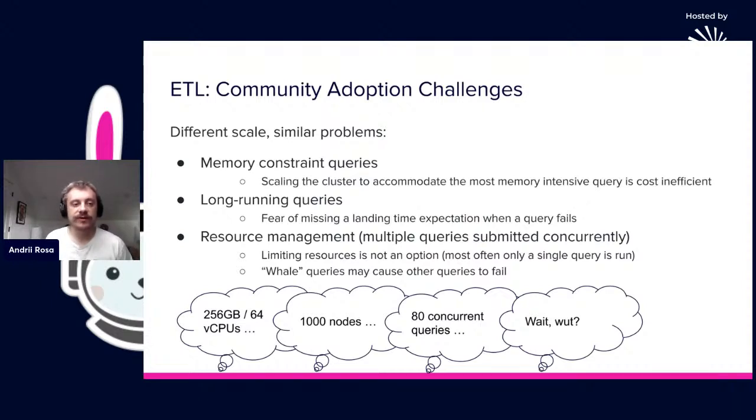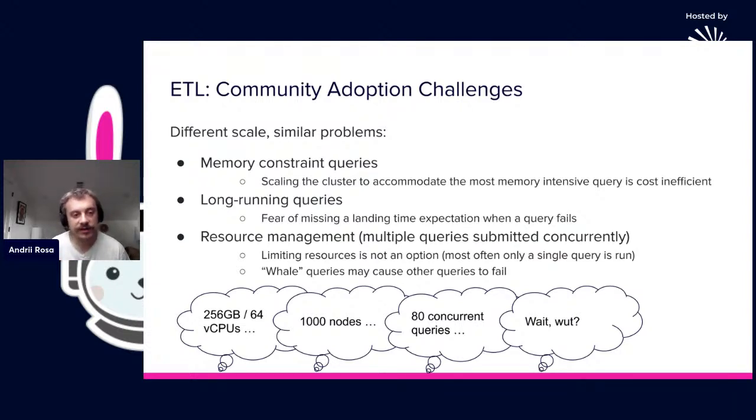So when I decided to leave Facebook and joined the original founders as well as other key Presto contributors at Starburst, I was quite surprised to learn that Trino is not very widely adopted by the broader community for ETL and batch use cases.